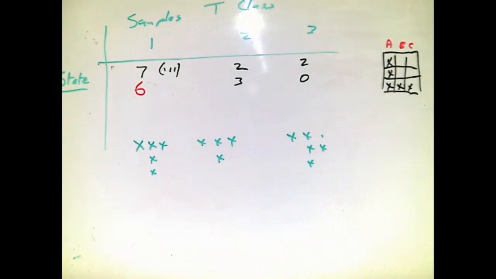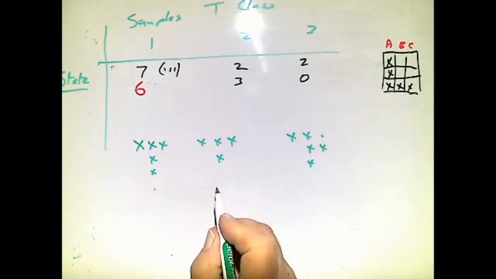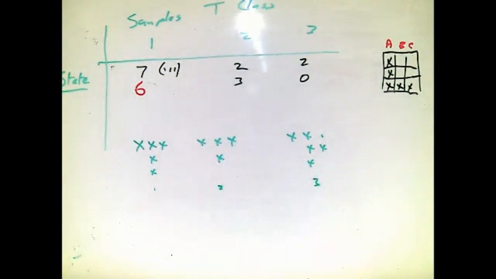Those are patterns 1, 2, and 3. Can you work out a pattern, the letter T, that will give a response of 3 out of 3, which is not one of those training patterns? And just give me the decimal of the 3 bits.